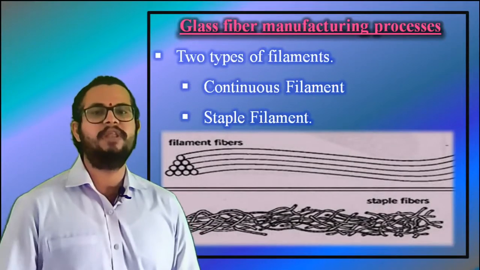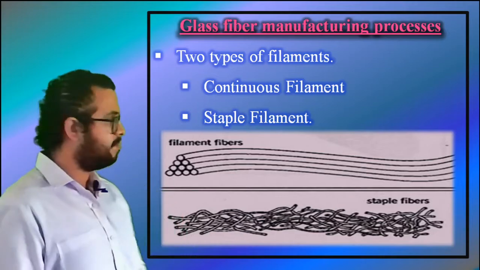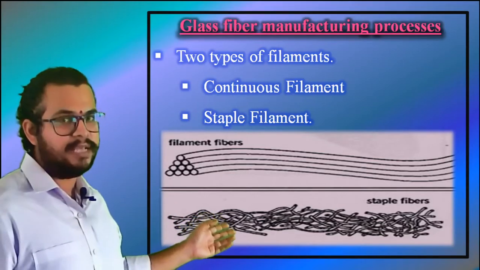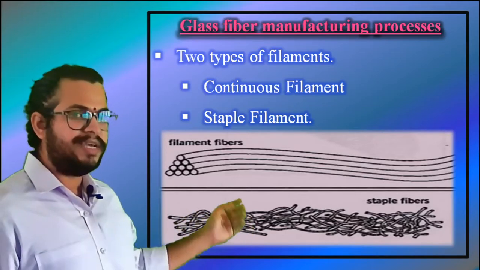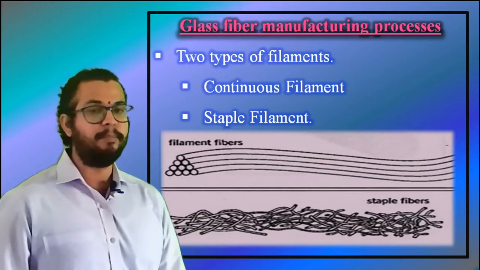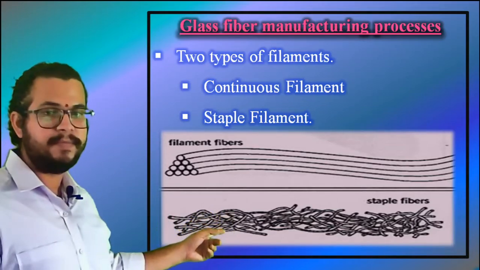In general, the filaments are of two types. The first is continuous filaments, and the second is called staple filaments. Both filament fibers can be easily understood by looking at the image in this slide.